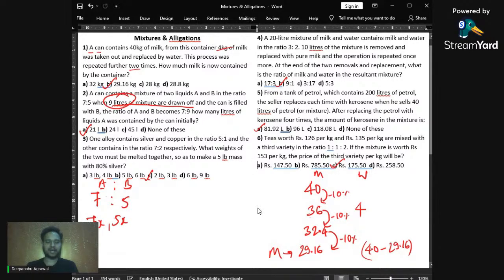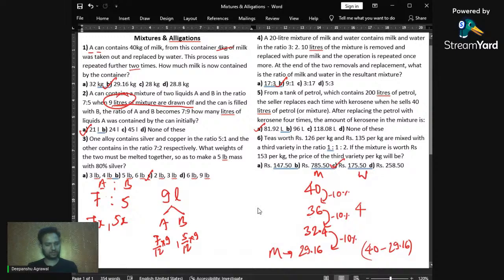Now out of this 9 liters which we have taken out, we will again have A and B in the ratio 7 is to 5 only, right? So 7 by 12 into 9 and 5 by 12 into 9.